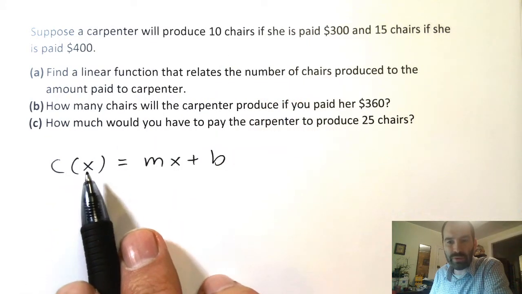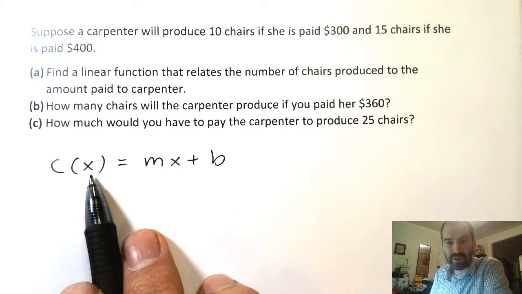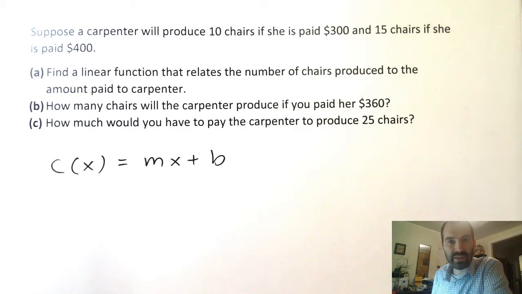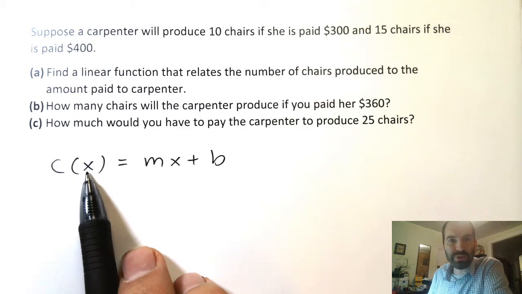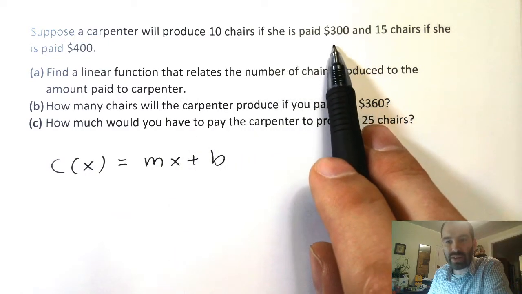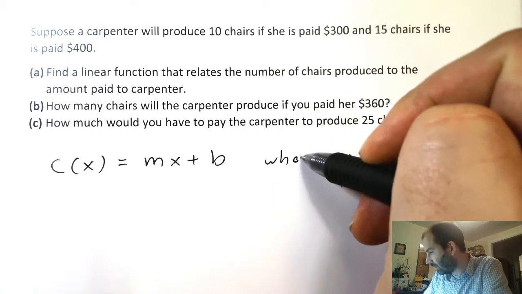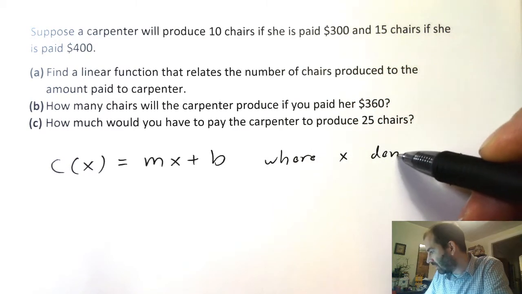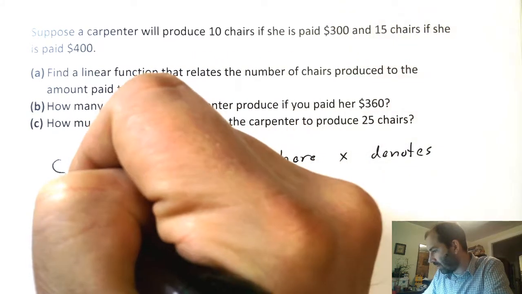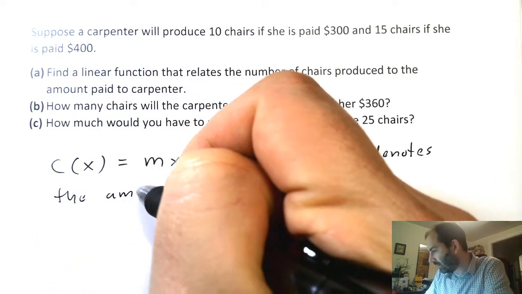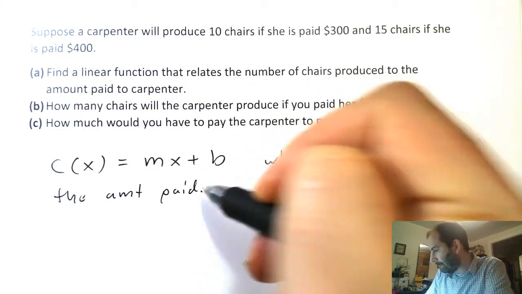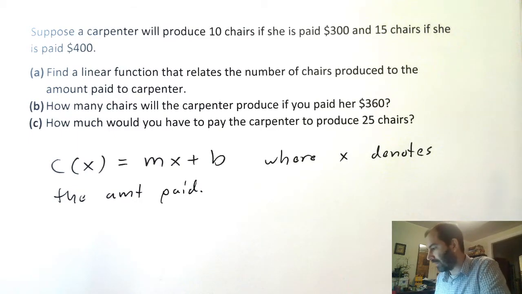But whenever you write down a variable, think about what it means. What does the x represent? It's the number of chairs produced at a certain price that we pay her. So it's the amount paid. Let's write that down, where x denotes the amount paid. Let's keep that in mind.